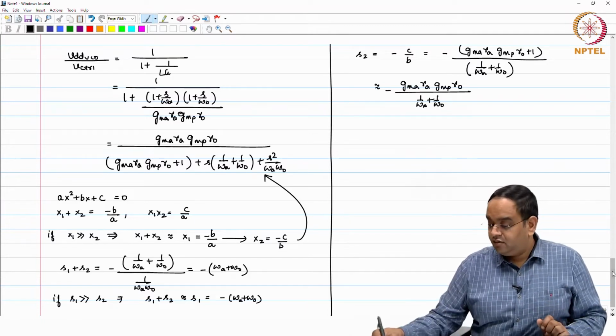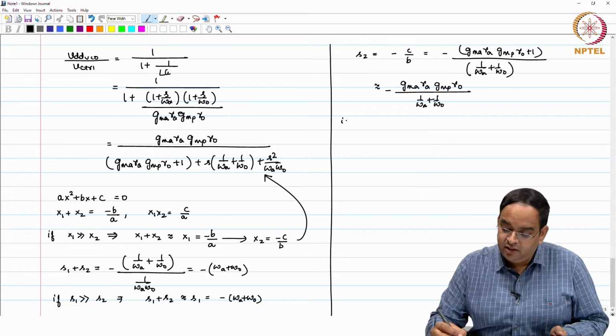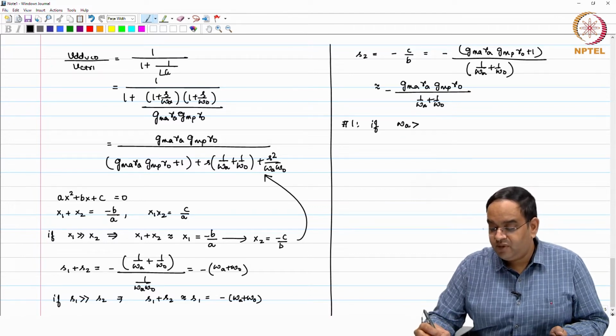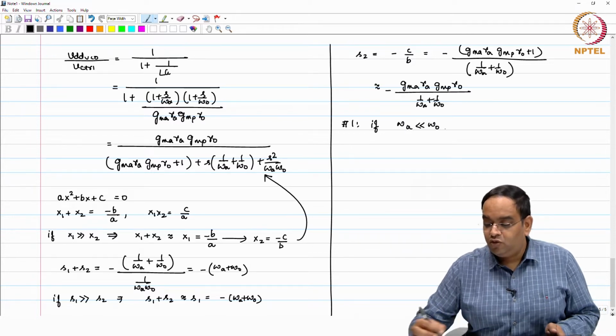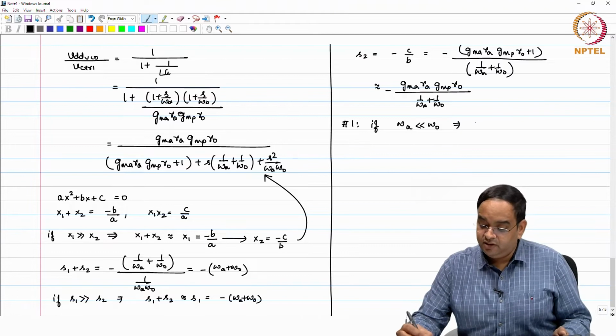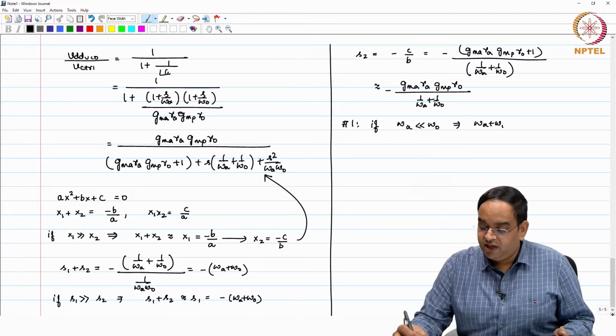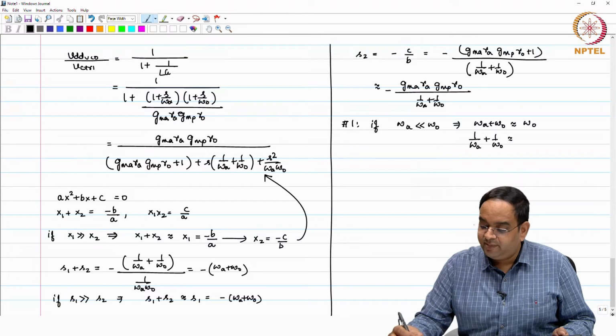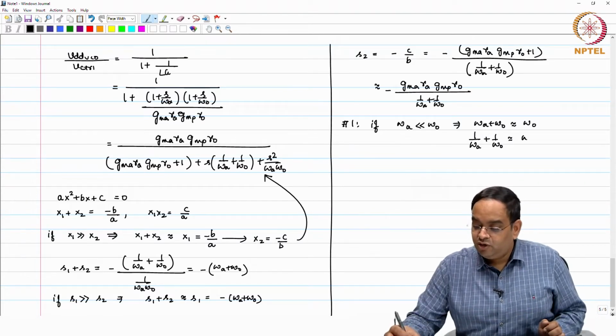Now, we can make two assumptions here. Let us write the first assumption: if omega a happens to be much smaller than omega o, which implies omega a plus omega o is effectively omega o, and 1 by omega a plus 1 by omega o is approximately equal to omega a.